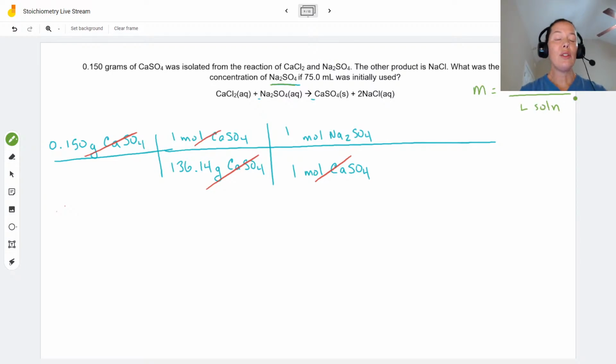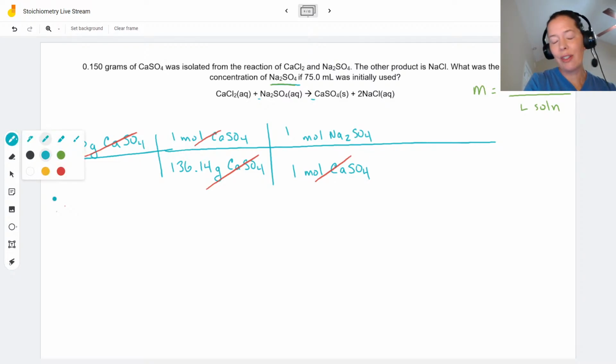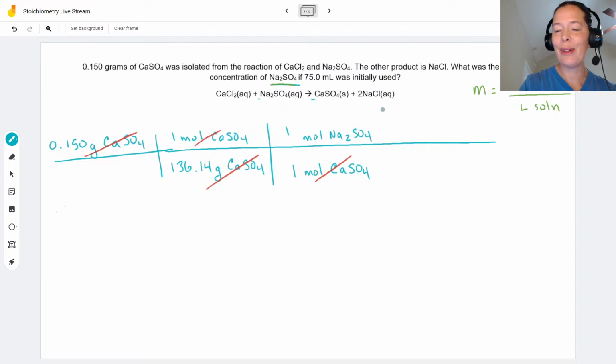Again, I like to use it as a conversion factor, but you don't have to. You can end the calculation here, and you can plug in your moles, and you can plug in your volume and get your molarity. That's perfectly fine. Or you can do some smashing, which is what I do. So I'm going to use it as a conversion factor.